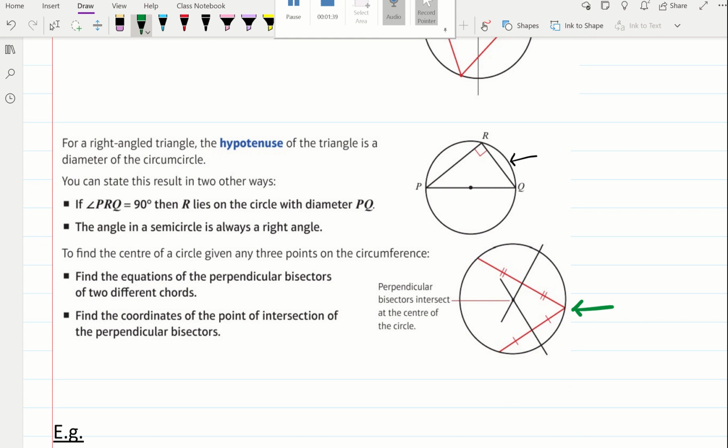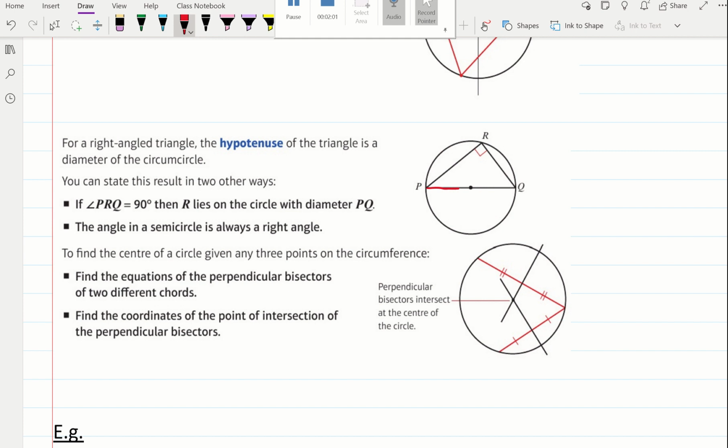So you've got 2 perpendicular bisectors, this one and that one, and where they meet is the center of the circle. Now, the other circle theorem that you must remember is that the angle subtended from the semicircle is always a right angle.